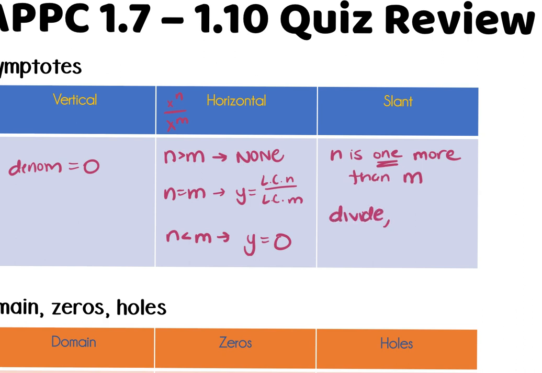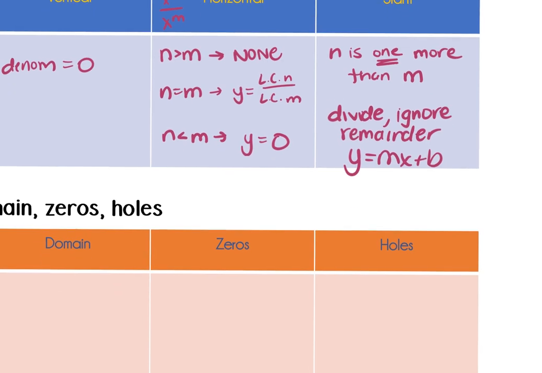Divide, ignore the remainder. And your answer would be in y equals mx plus b form, because it will be a line. Good so far?